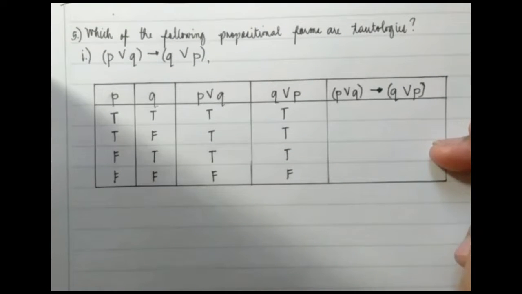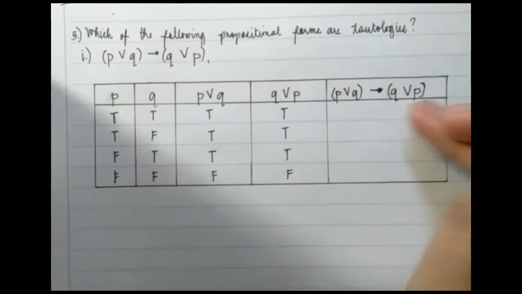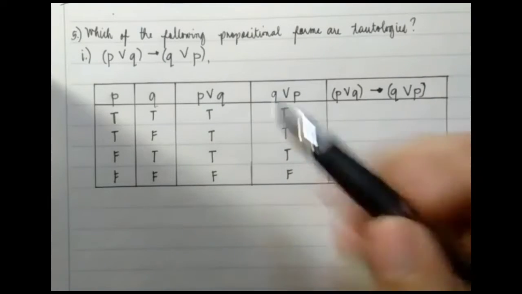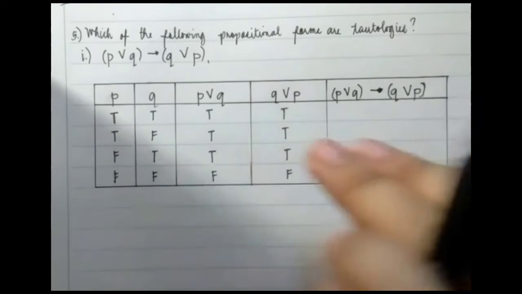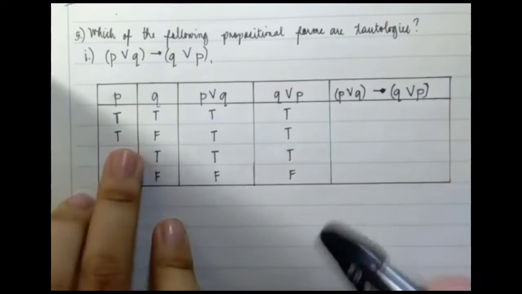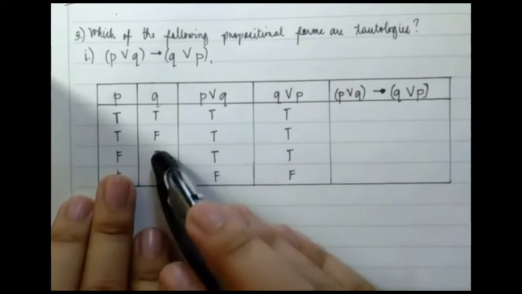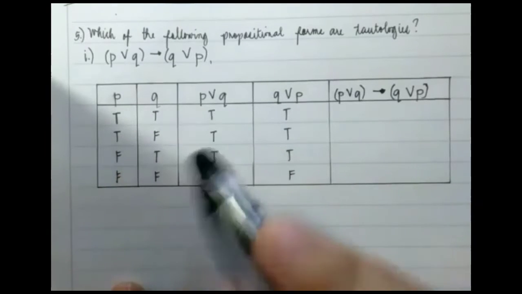In a conditional statement, the only time we will have a false value is when the first statement is true and the last is false. Other than that, it is all true.